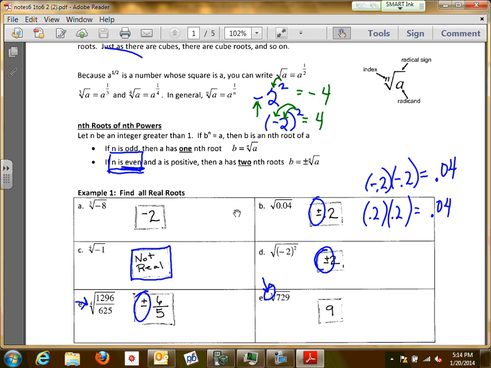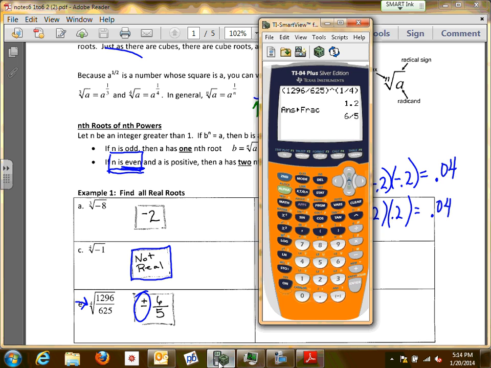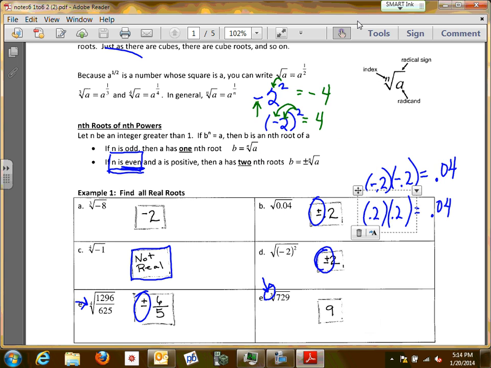Here I have an odd root, so I don't have to worry about the sign or having more than one root. I just have one root. So this one is 729 to the 1/3 root, and there's how I get 9. Okay, so there's all of that one. Let's go to the next page.